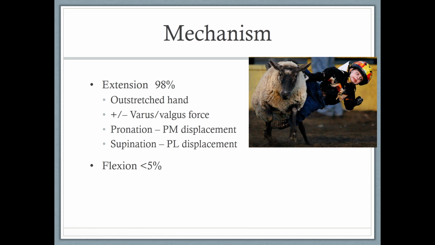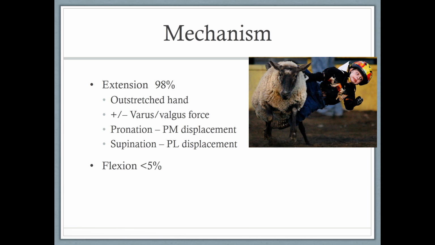The mechanism: by far the majority are going to be hyperextension injuries. We see very few flexion injuries, and I'll talk a little bit about them. The fall is on an outstretched hand, plus or minus a varus valgus force, and according to that varus valgus, one would get posteromedial or posterolateral displacement.